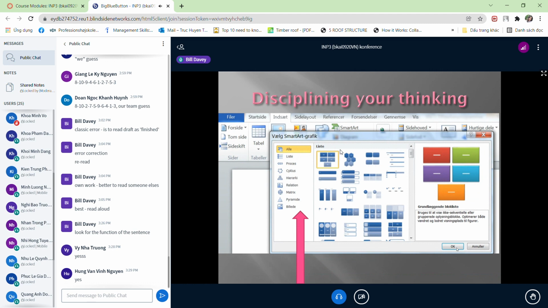But when we'd done the Boolean search, we realized we needed to do a snowball search. And after the snowball search, we thought we needed to do pearls on a string search, and so on. So you could illustrate your process and write about it. And I think that this is a very good way of thinking because it disciplines your thinking and it disciplines your writing.